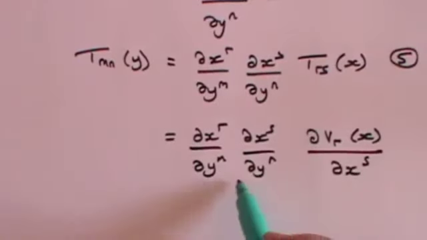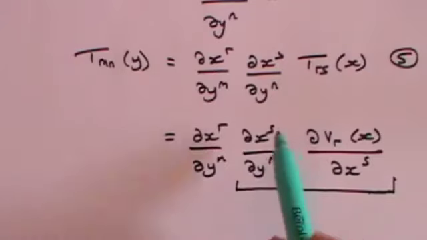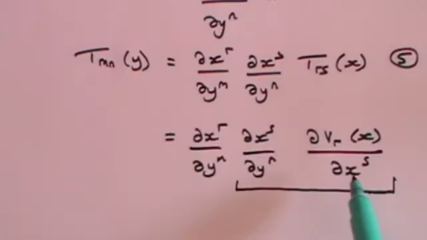Now, if you look at that combination of terms there, you've got what is essentially the inverse of the chain rule. This is a dxs term, this is a dxs term. You can, in a sense, contract this, so it simply becomes dvr by dyn.